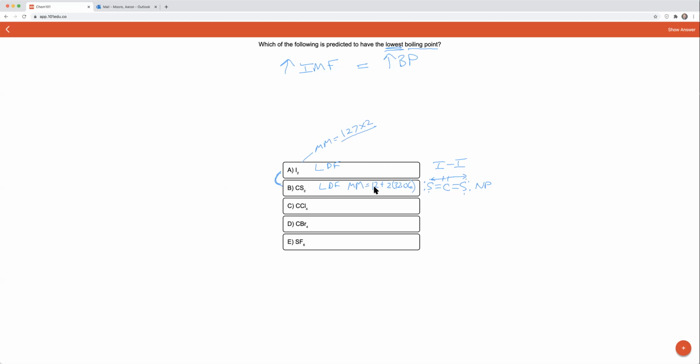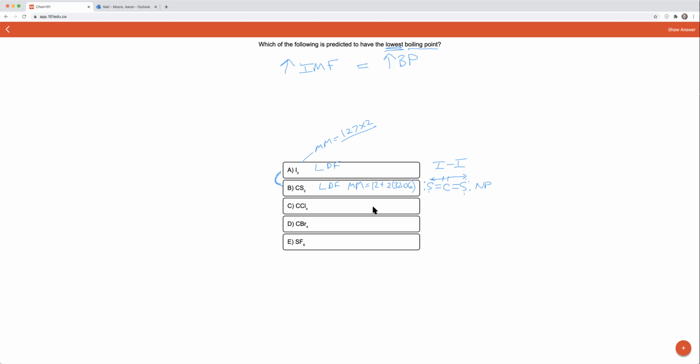So it's 74 plus 12, that's 86, which is a lot less than 127 times 2. So the molar mass of carbon disulfide is lower than the molar mass of I2, iodine. That means carbon disulfide is going to have the smaller intermolecular forces, and therefore the lower boiling point.